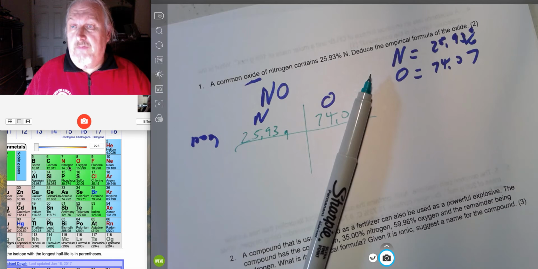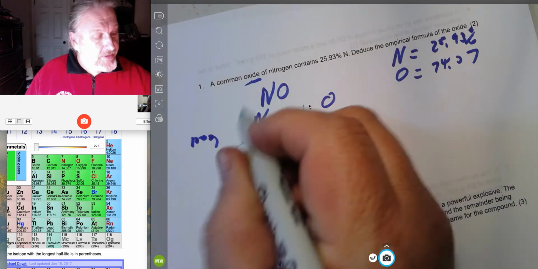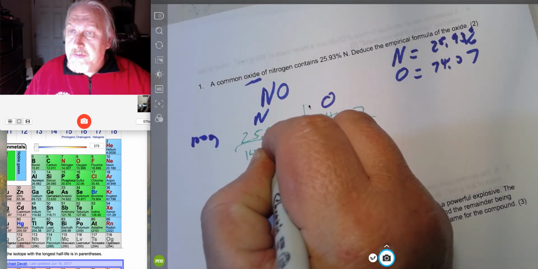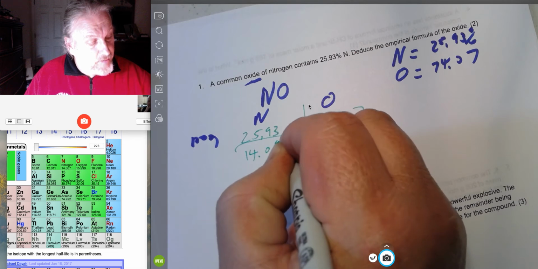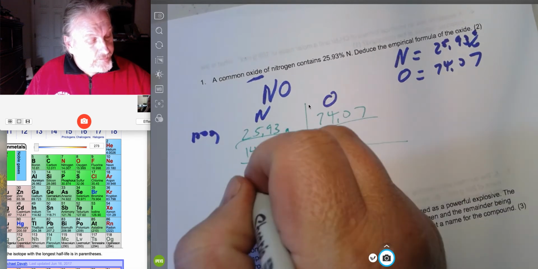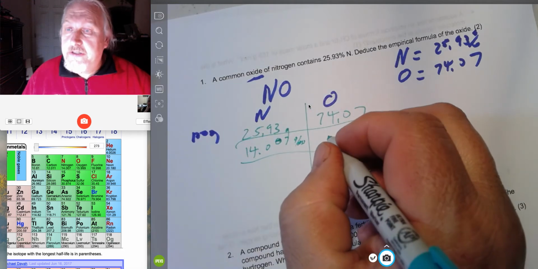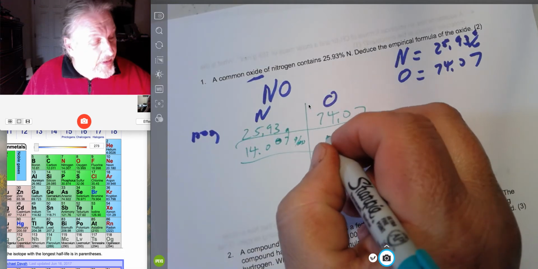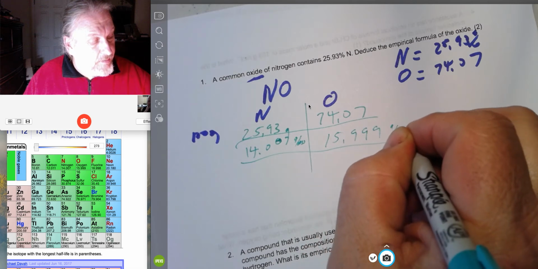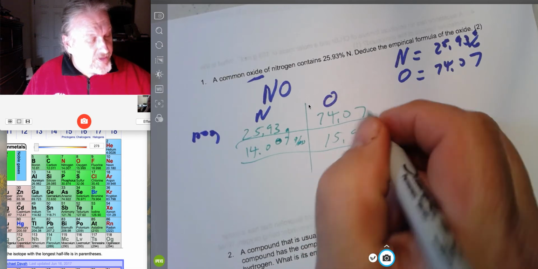So 1 mole of nitrogen has 14.007 grams per mole. Okay, and oxygen is 15.999 grams per mole. I want to use a unit, which I do.